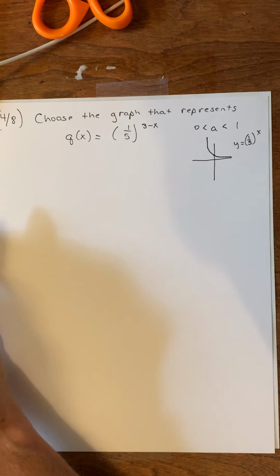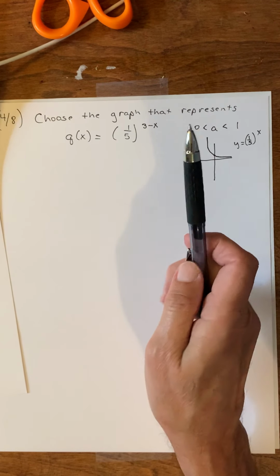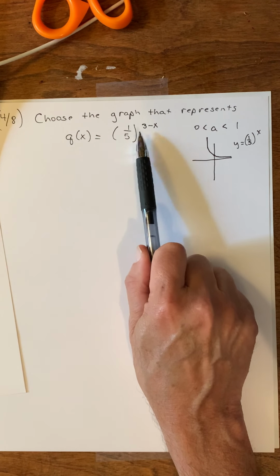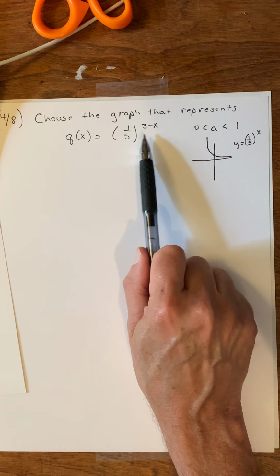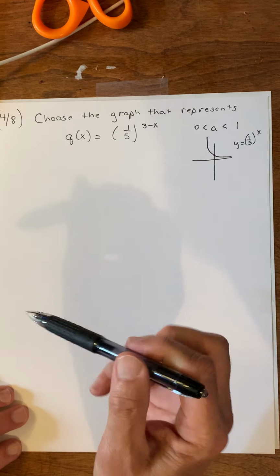Here's an observation. Have I added or subtracted something to the x itself? That's confusing the way this looks. So let's change the way this looks.